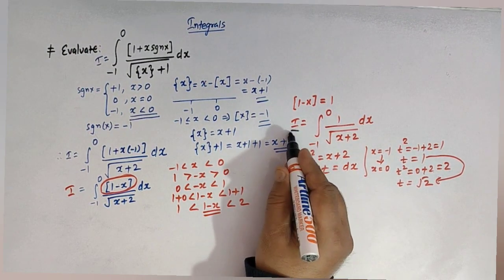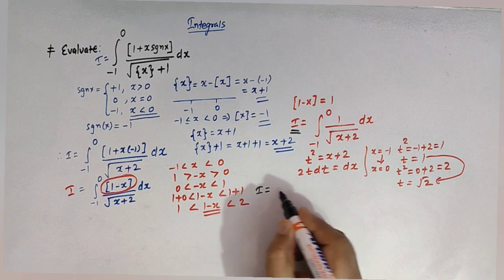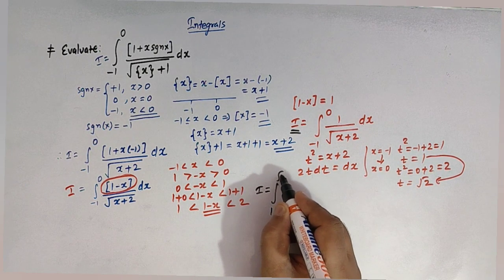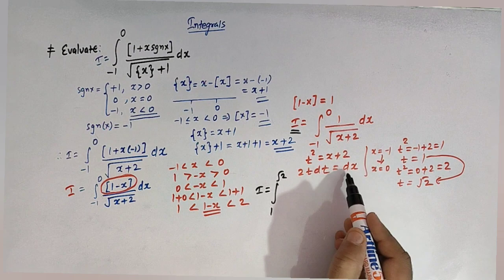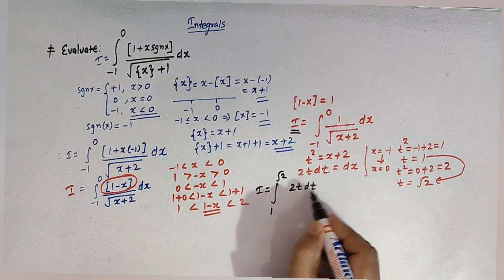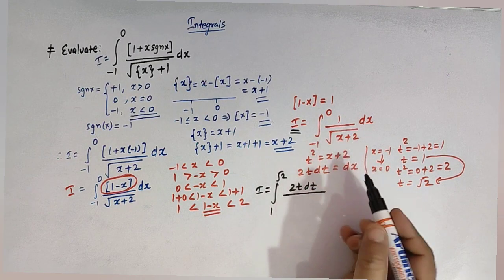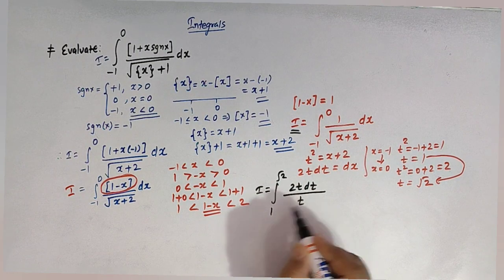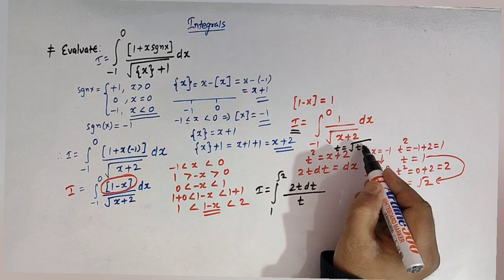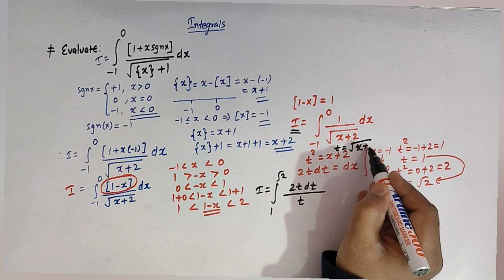Now this integral I can be written as the integral from 1 to square root of 2, and for dx we can write 2t dt. And here we have simply 1 over t, because t is equal to the square root of x plus 2.